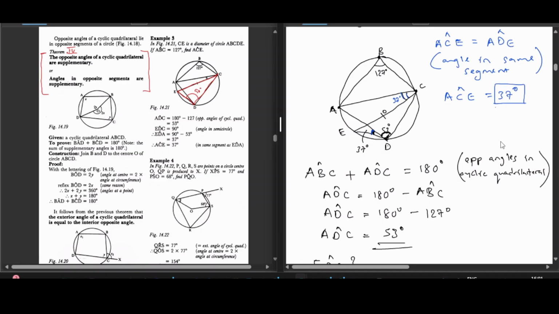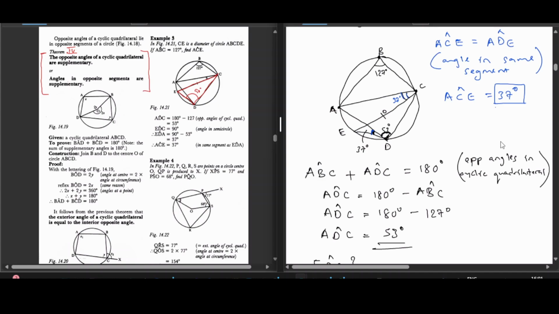I don't know whether it is apparent how it came out, because this is very important stuff. Where did we apply three theorems? The first one we learned says opposite angles inside a cyclic quadrilateral, if you add them, give you 180.